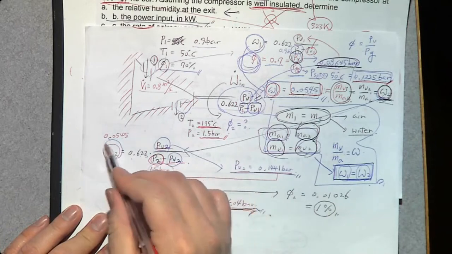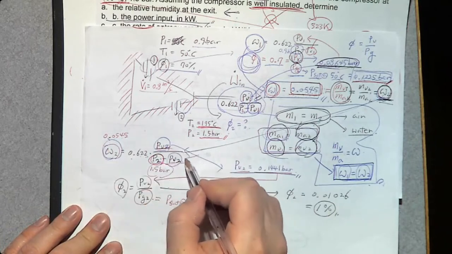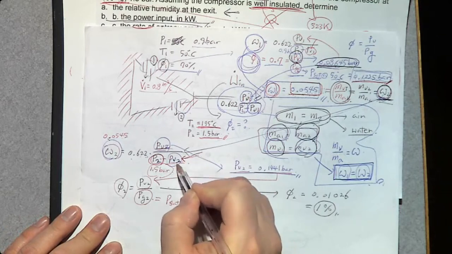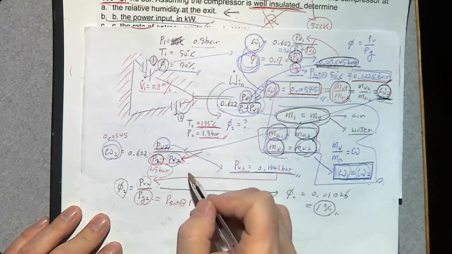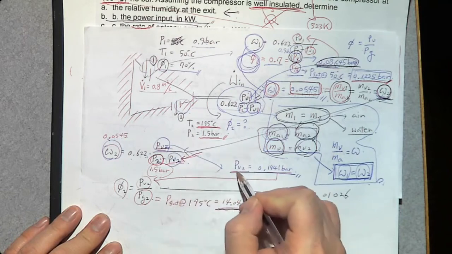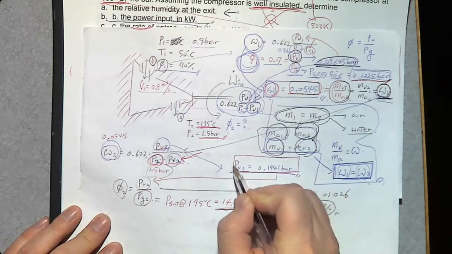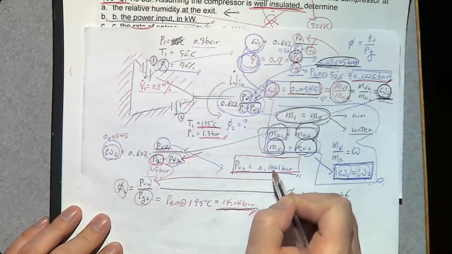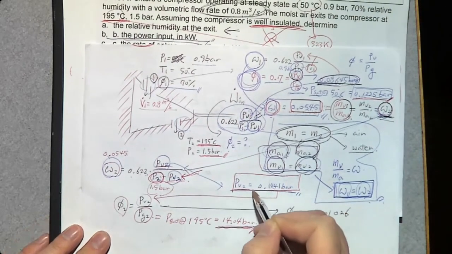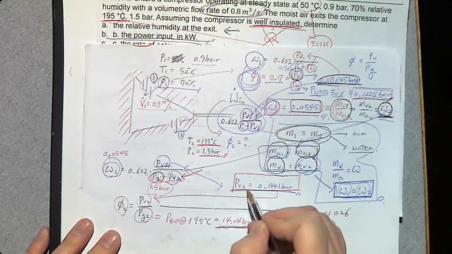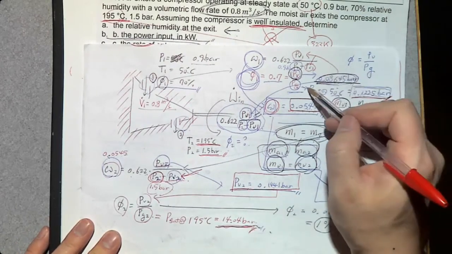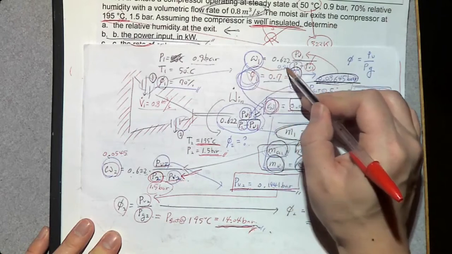We have everything but PV2, so we can determine the partial pressure of water vapor at the exit, which is going to be 1.1441.